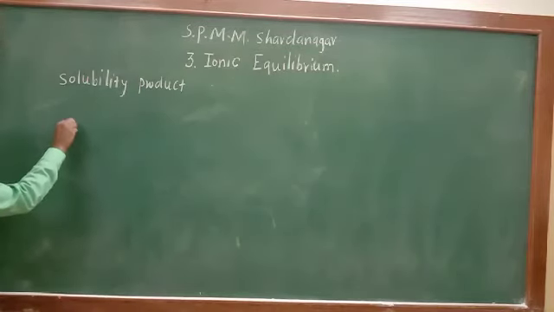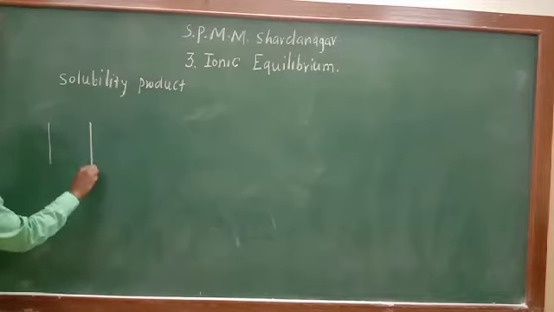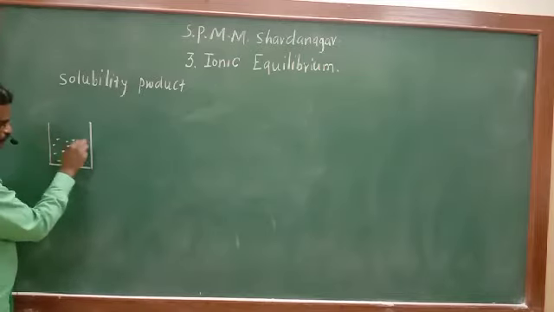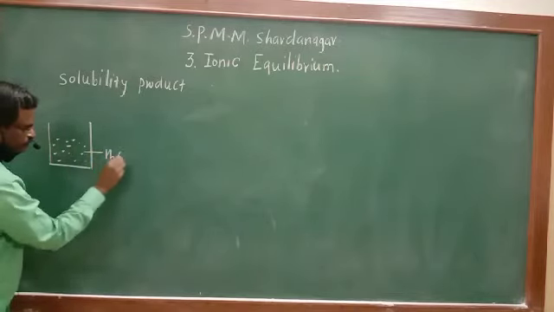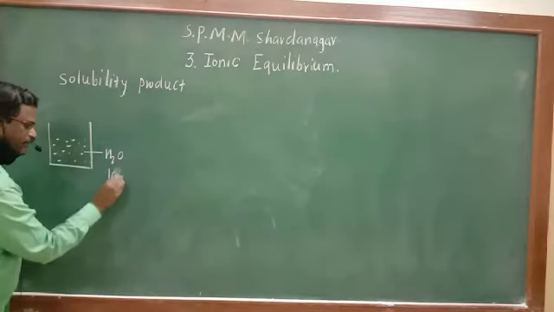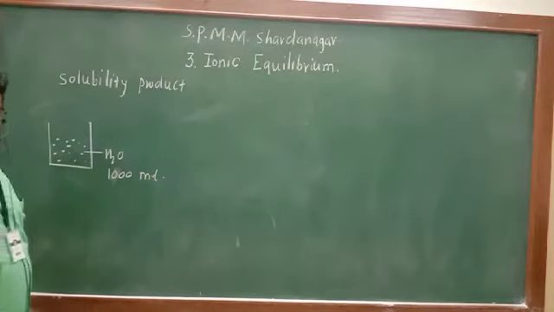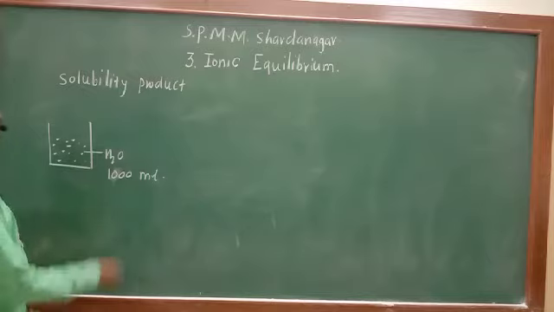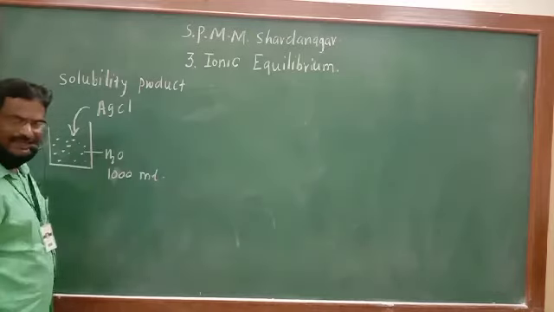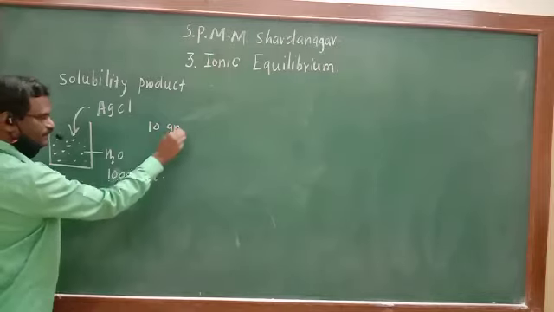Consider the same case. Here we have taken water in a beaker. Let us consider 1000 ml, means 1 liter of water is taken. To this 1 liter water, silver chloride AgCl is added. Suppose we have added 10 gram of AgCl.